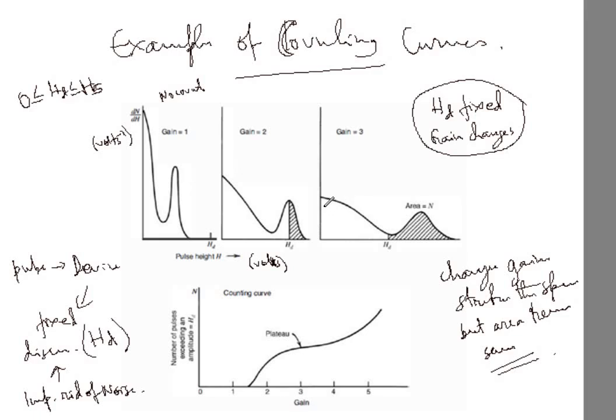Now you see an experiment we can carry out in which the number of pulses recorded is measured as a function of the gain applied, and this is sometimes called the counting curve. You can see over here, this is the counting curve. Such a plot, in many ways, resembles the integral pulse height distribution. Any questions?